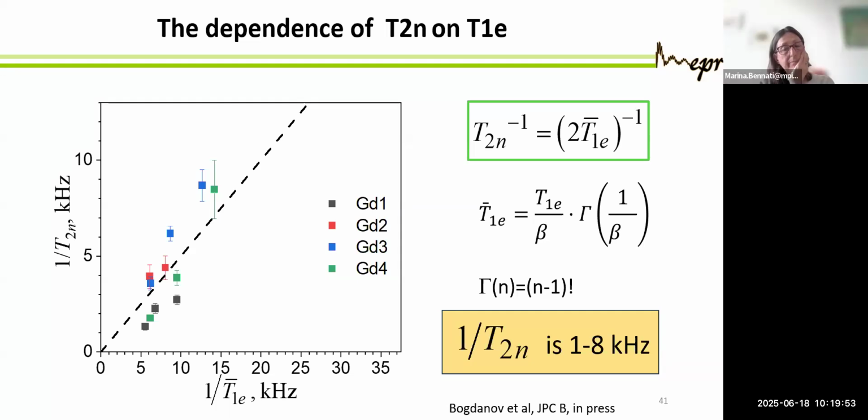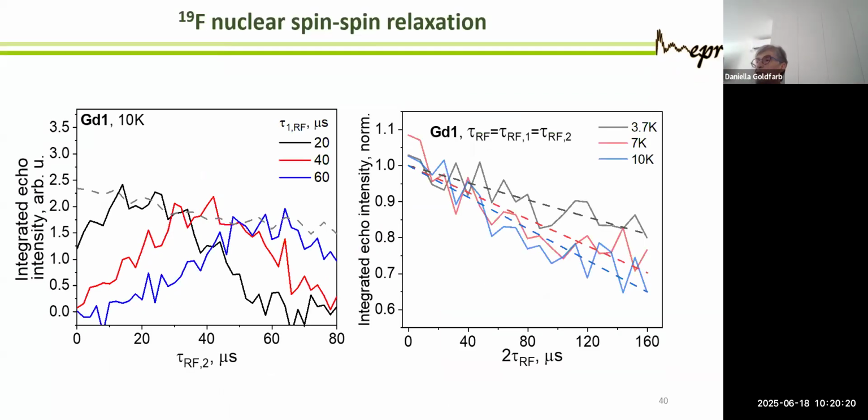So for the fluorine, what we found so far seemed to be T1, but you see, it's not exactly on the line. But we did not find any correlation with the hyperfine. In principle, maybe they should. There's another problem that we measured the echo decay, but because the SNR is not so great, we could not go to very long times.